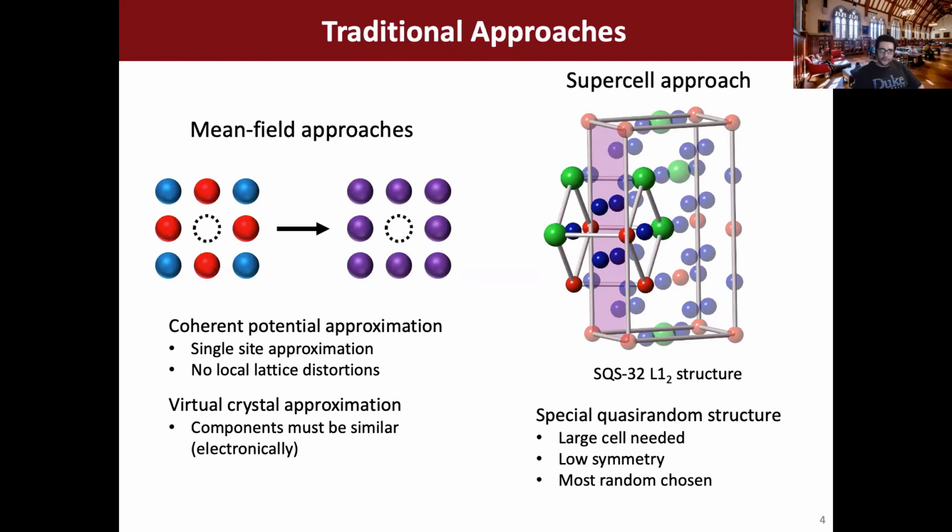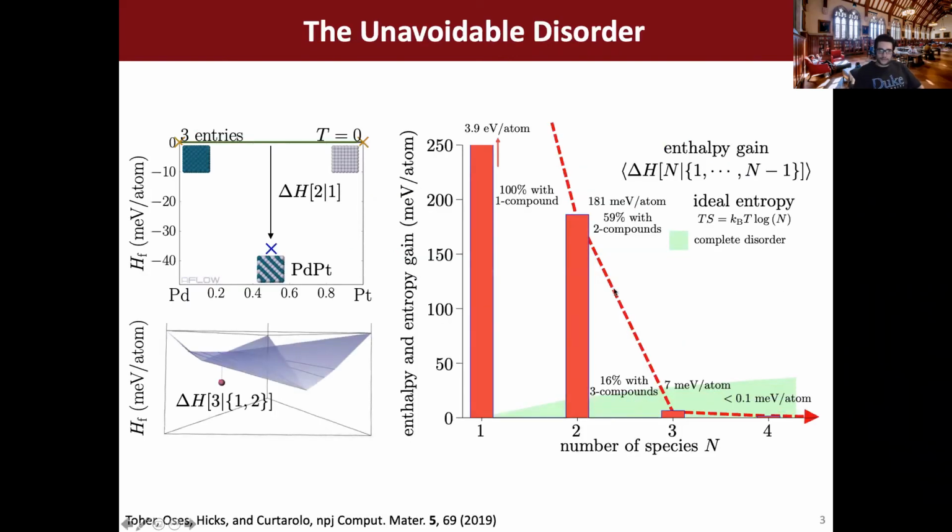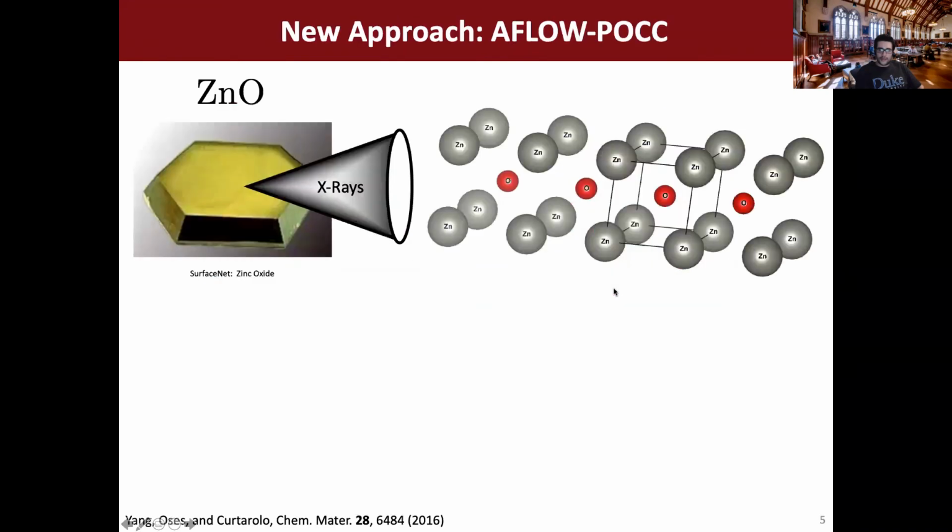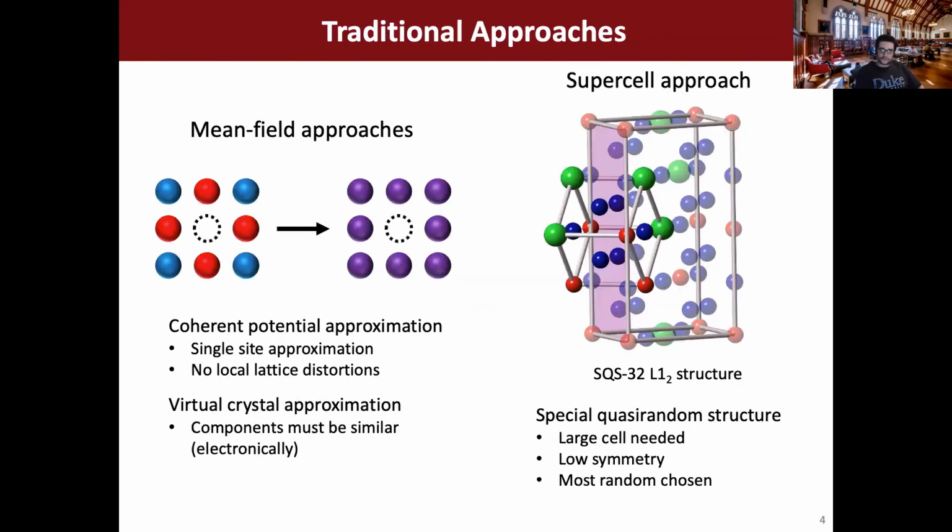Okay, and so if we have a site, and I'll elaborate this with pictures in a second, but if we have a structure that has a site that's partially occupied by 2 occupants, you can imagine representing that as a supercell of 2, where one of the cells has 1 occupant and the other one has the other occupant. And we can model that with supercells.